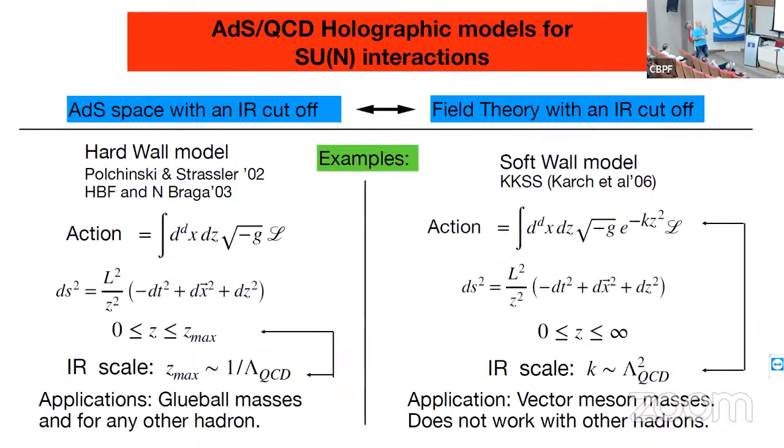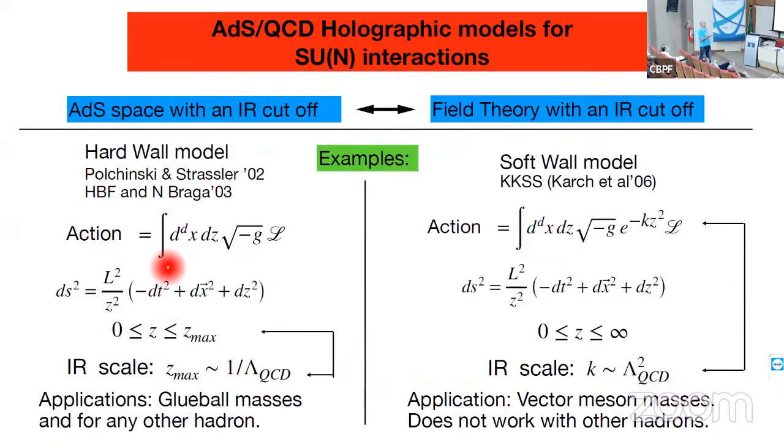So I will start with very simple examples relating to holographic theories for QCD, very approximated theories. The most well-known model is called the hard wall model, inspired by the work of Polchinski and Strassler. And I did some work with Nelson, who presented this morning.